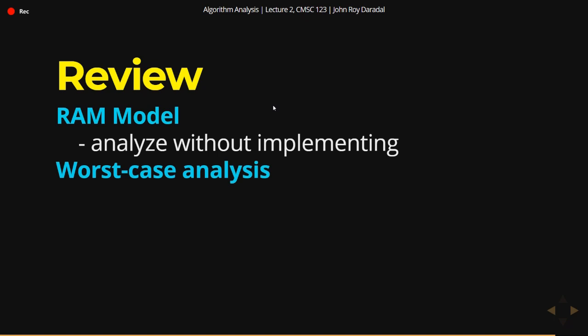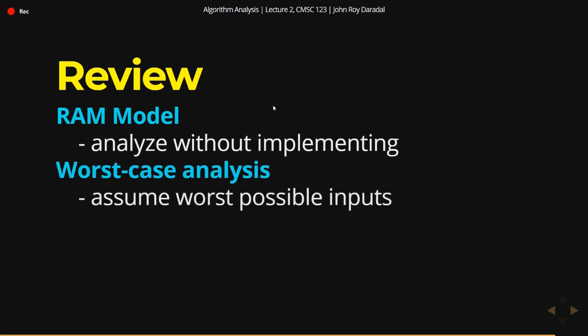We also looked at worst case analysis, wherein we assume the worst possible types of inputs so that we could have an assumption on the type of data that we'll get, and we can actually remove the dependence on the input structure.